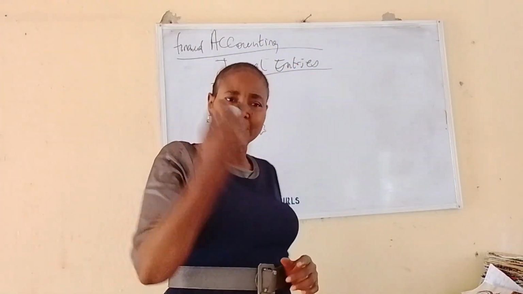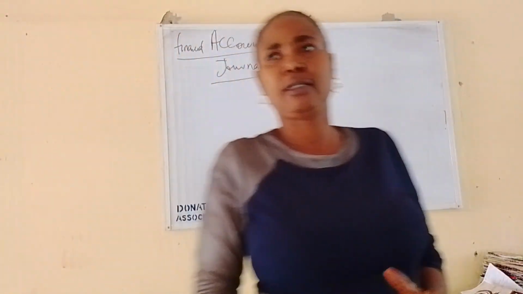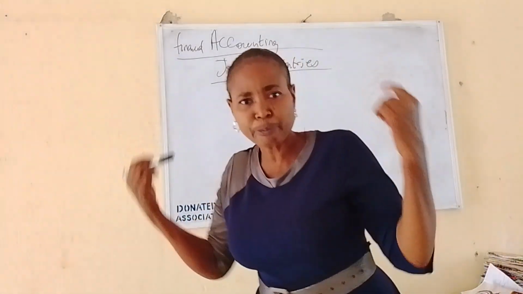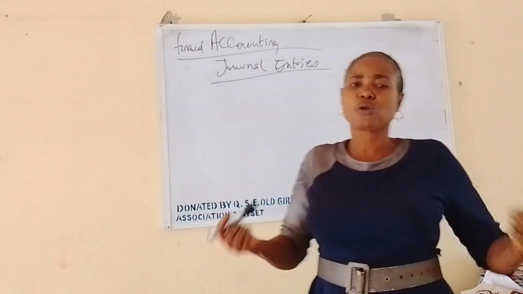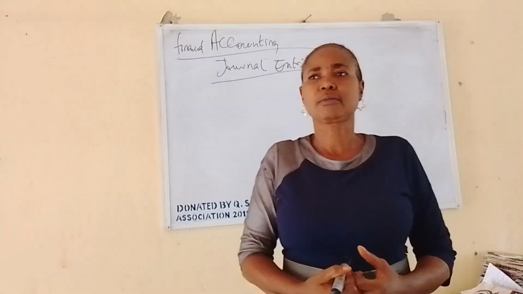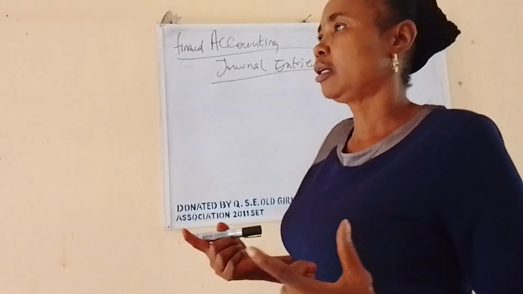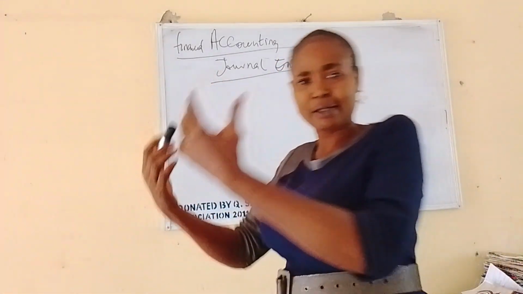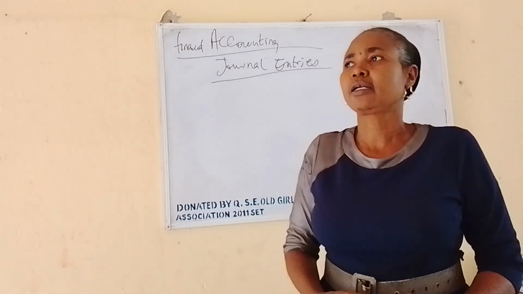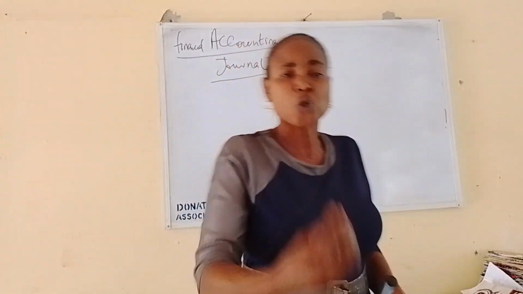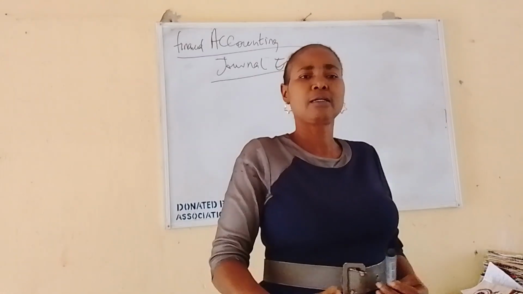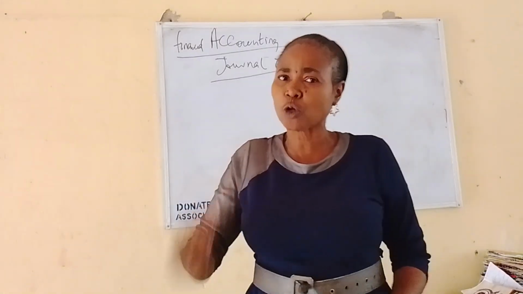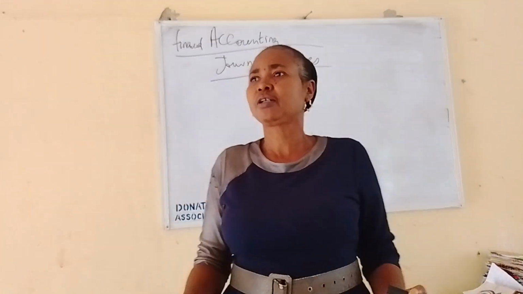But before we dive deep into the journal entry, I'd like us to shift back a little into source documents, because from source documents, we now transfer to journal entries. Source document means the original record of financial transactions.